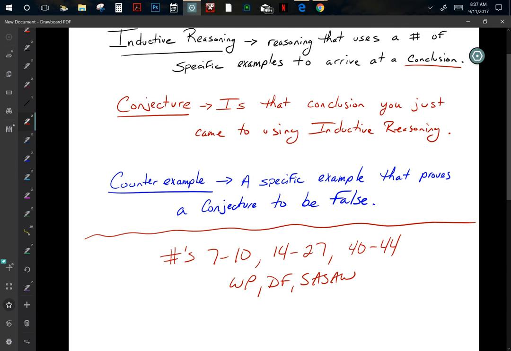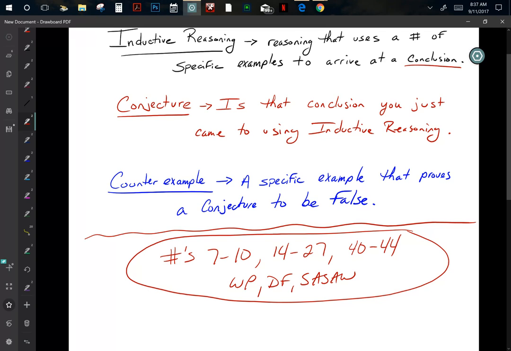Now, I want you to realize something. I could have made that a lot harder and a lot longer of an assignment. I did that because I do want the problems written down word for word.